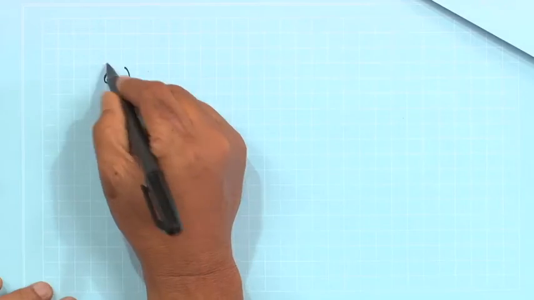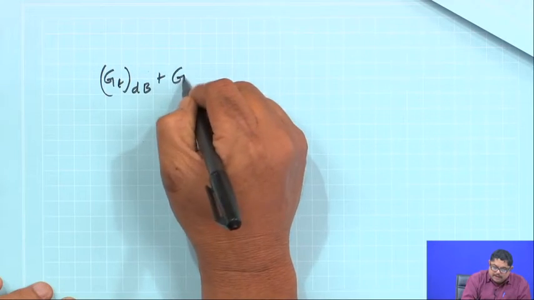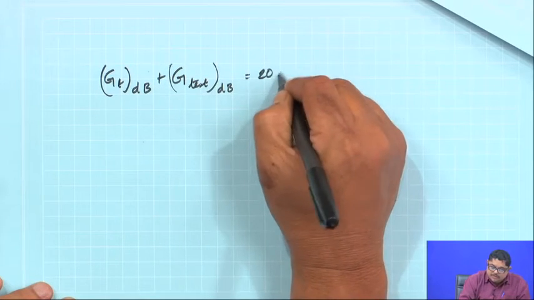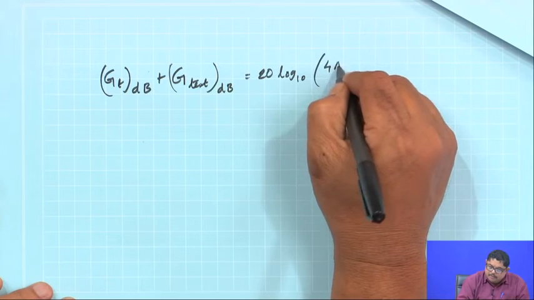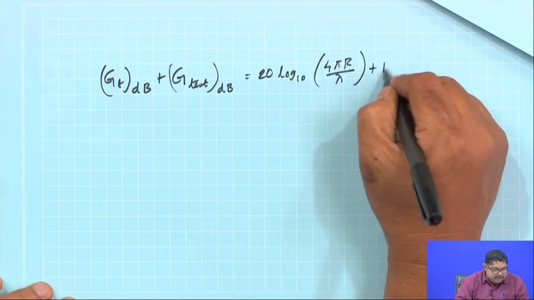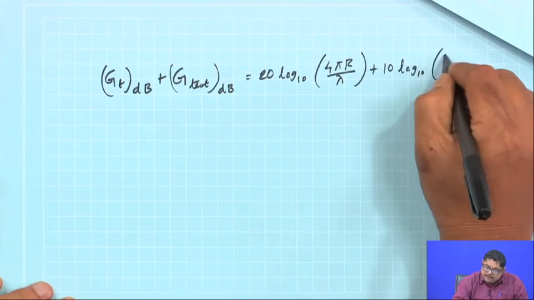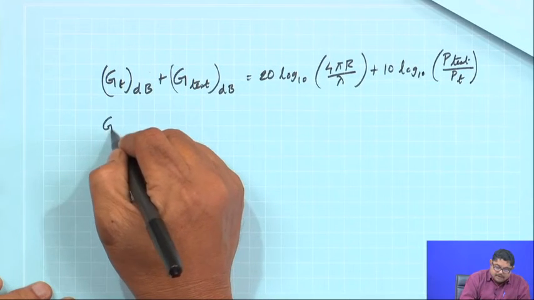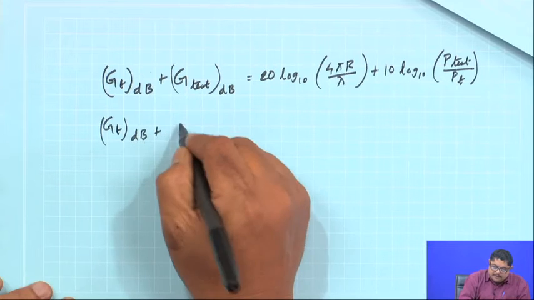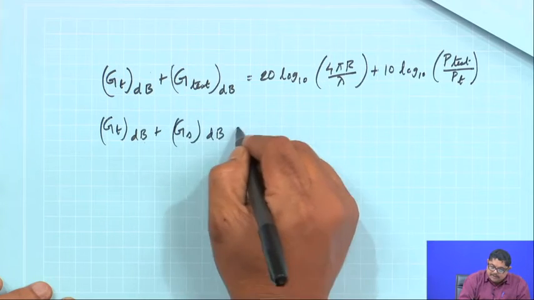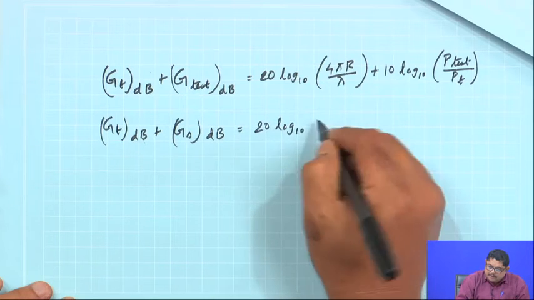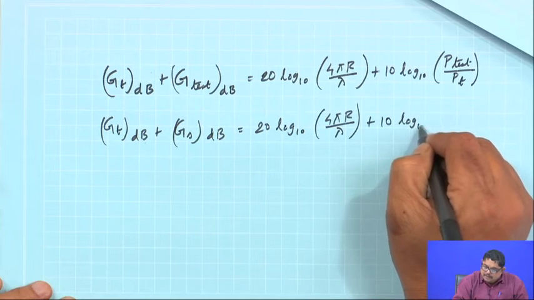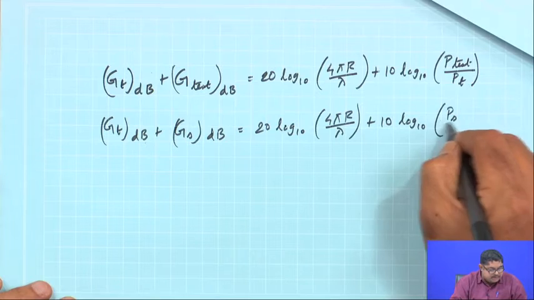I can write G T dB plus G test dB is 20 log 10 4 pi r by lambda plus 10 log 10 P test by P T, and G T dB plus G S dB is 20 log 10 4 pi r by lambda plus 10 log 10 P S by P T.